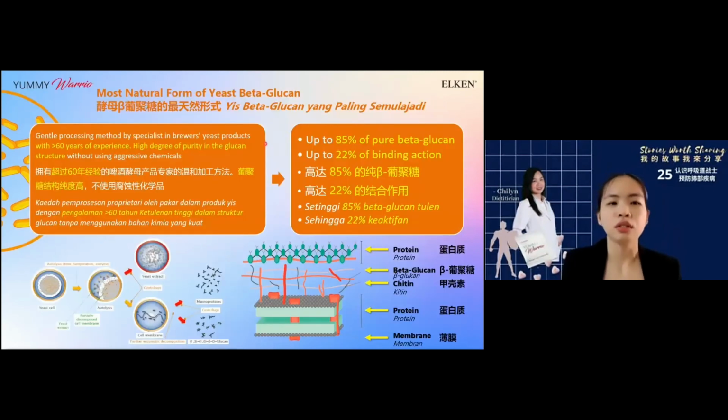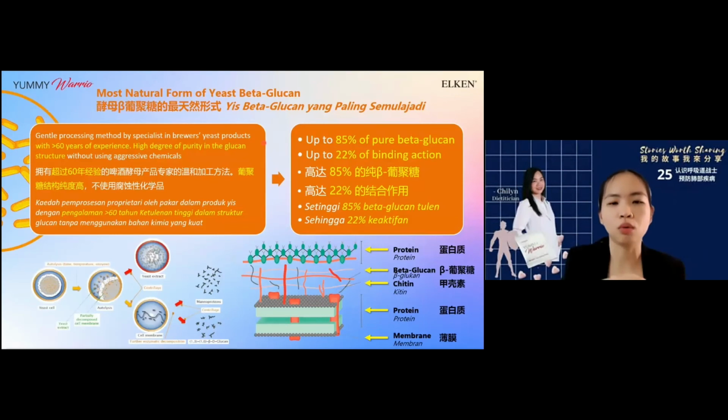So let us have a better understanding. How is the beta-glucan extracted? Actually, everyone knows that this beta-glucan comes from the yeast, but we're not making bread, so we won't be putting the whole yeast in Yummy Warrior, but actually we are extracting the beta-glucan that we want from yeast. This process requires skills.